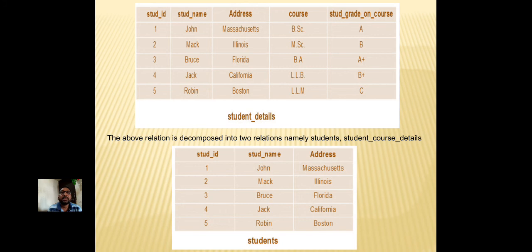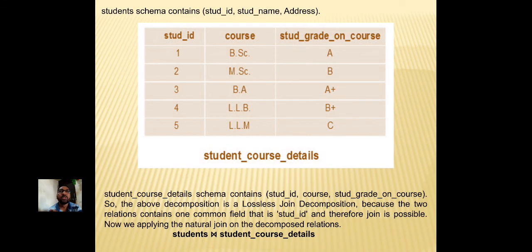The above relation is decomposed into two relations, namely student and student course detail. In here, student ID, student name, and address. The student schema contains student ID, student name, address.